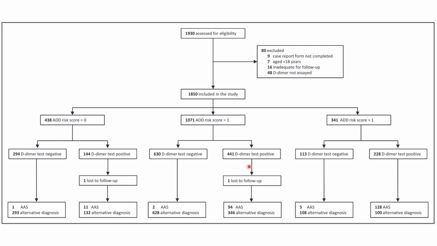And of these with the D-dimer positive, the score was like 1 in 4, something like that. All right, and if it was above 1, they did also test the D-dimer, and here it had a 5 instead of 2 if it was negative. And a similar amount of patients, a little bit more here.